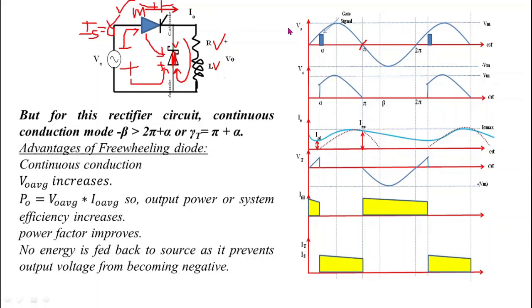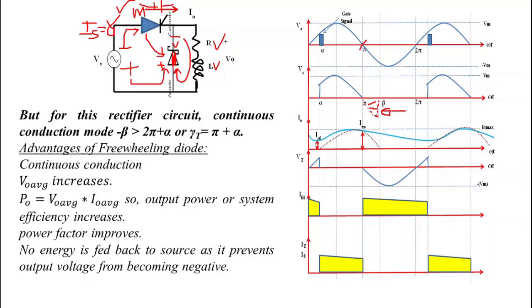Here, due to the freewheeling diode, what happens? Suppose in this circuit the freewheeling diode is not used. Then in that case we get output voltage V0 like this, so we get this negative part also. But due to the freewheeling diode, this negative part gets eliminated.